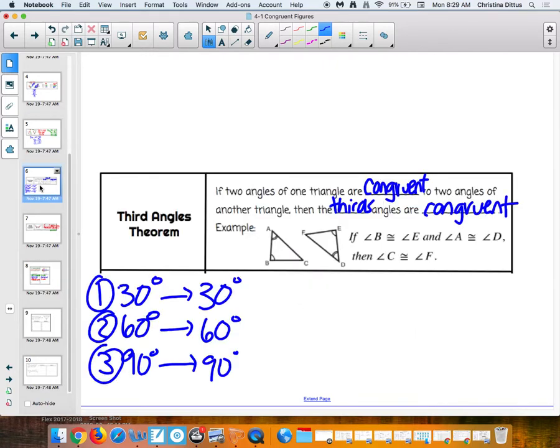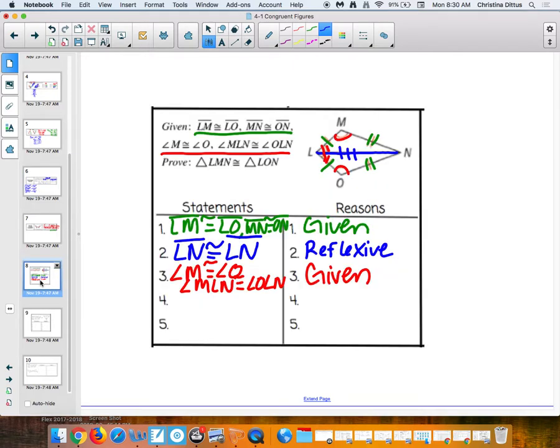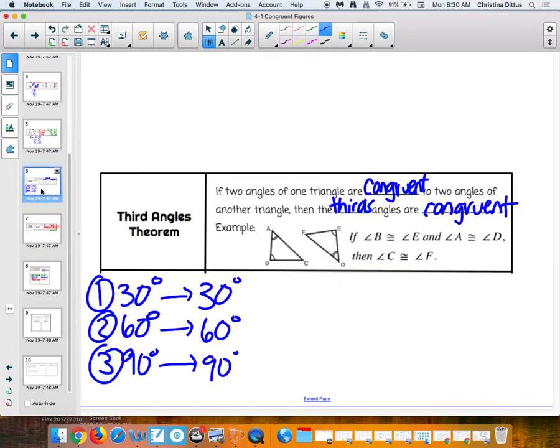What did we just say up here? What's this theorem say? We're just missing N. Well, N here and N here. What's this theorem say?